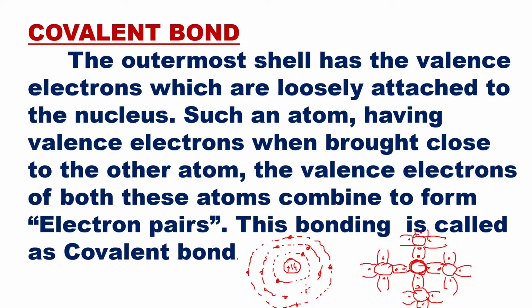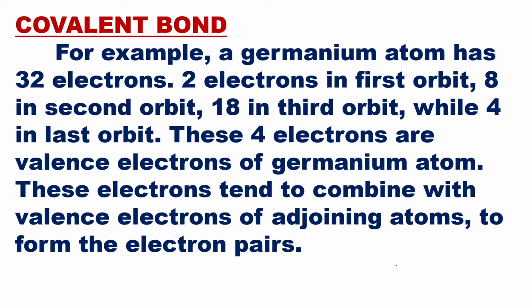Each valence electron will make a bond with a valence electron of another atom. So here you can see this is a bond, this is a bond, this is a bond, and this is a bond. This bonding is called covalent bonding.